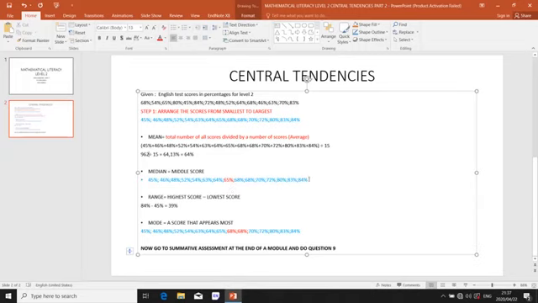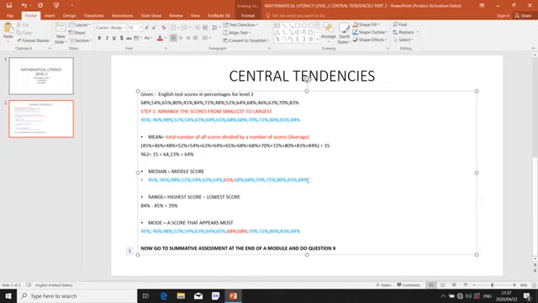But in some cases, when you are given 16 or 8 or 4 scores, that's an even number. If there are 8, there will be 4 scores on this side and 4 scores on this side. Then you take these 2 middle scores, get their total, and divide by 2.